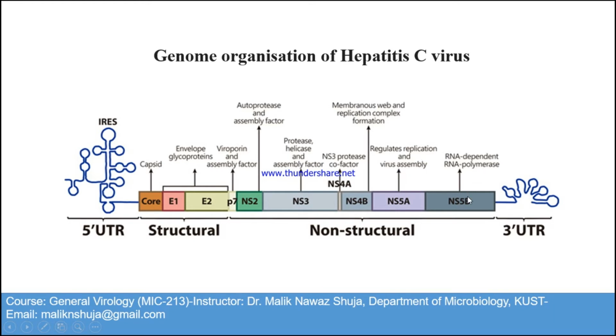The last one is the most important, known as the RNA-dependent RNA polymerase, which produces the negative strand of this virus, and that negative strand is used as a template for the construction of positive strands. At the 3 prime end there is again an untranslated region. The 3 UTR and 5 UTR are not part of any coding region but are still involved in replication and other activities.